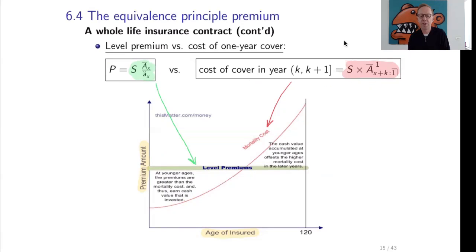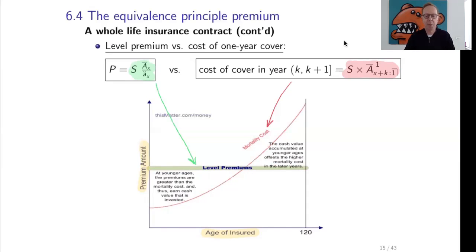The older the insured is who takes the 1-year life insurance, the more premium he has to pay, because it is more likely that he will die. So that's the difference: constant premium payment in the case of level premiums, and premium payment that increases over time in the case of cost of 1-year cover.